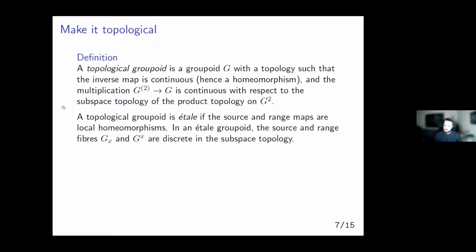Another condition, not necessarily every groupoid has this. In fact, not very many groupoids have this. It is called étale. So we say a groupoid is étale if the source and range maps are local homeomorphisms. And in particular, in an étale groupoid, the fibers over the source and range maps will be discrete in the subspace topology.